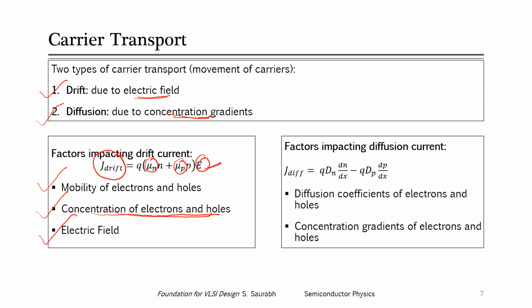So diffusion current depends on the diffusion coefficient of electrons and holes, and this diffusion coefficient is also related to mobility by the Einstein equation, right?